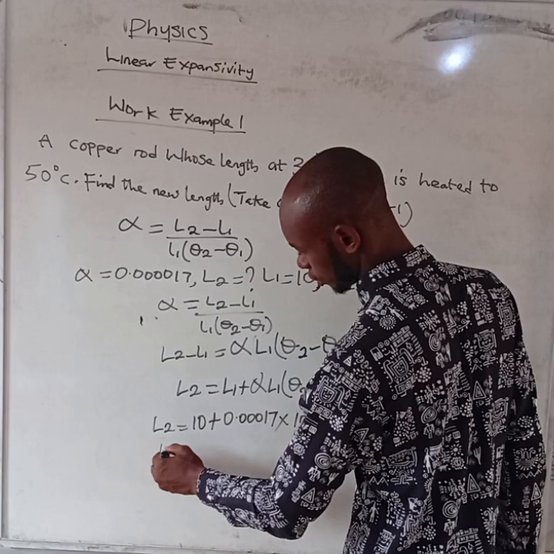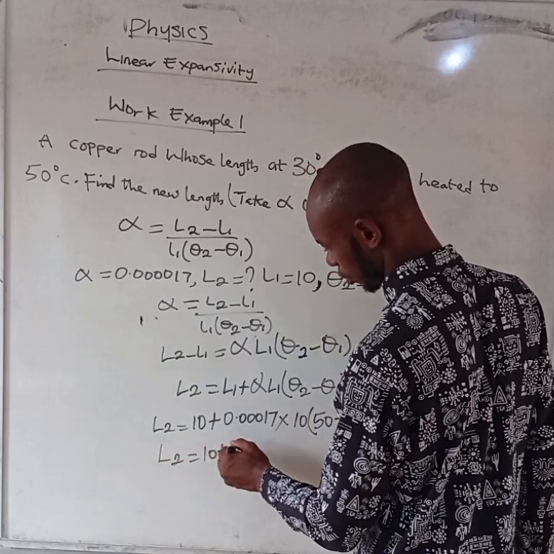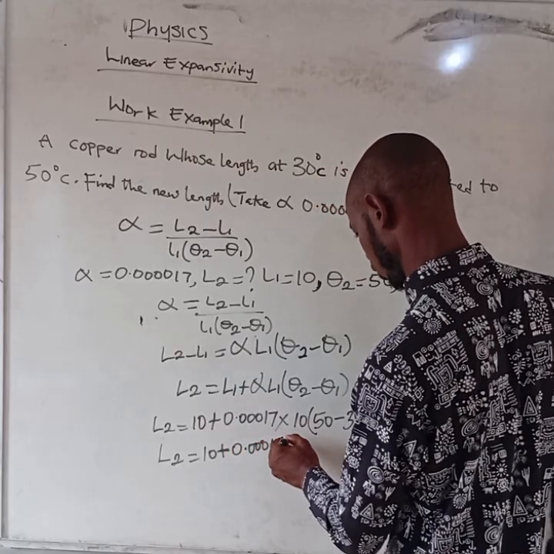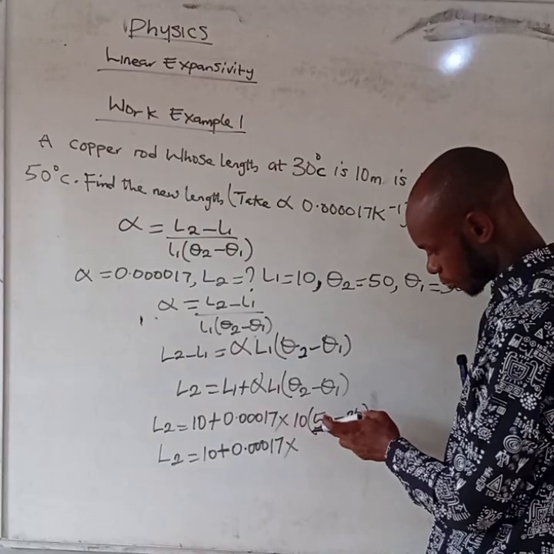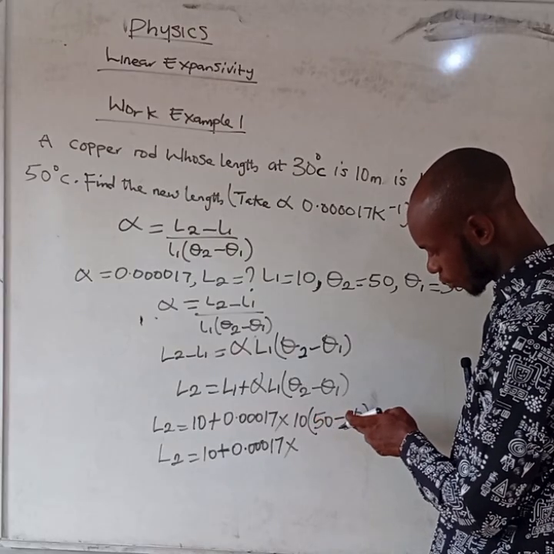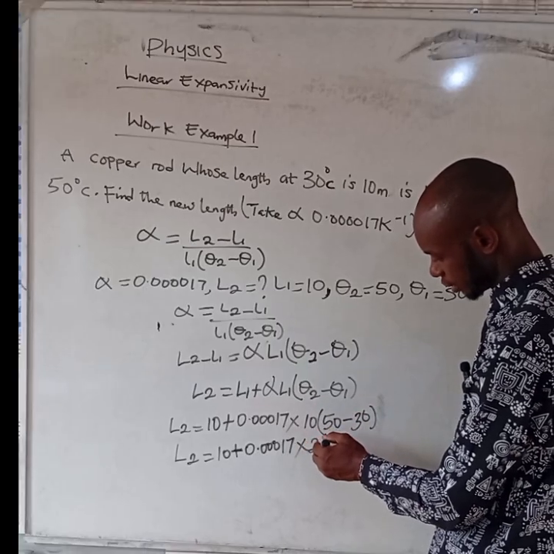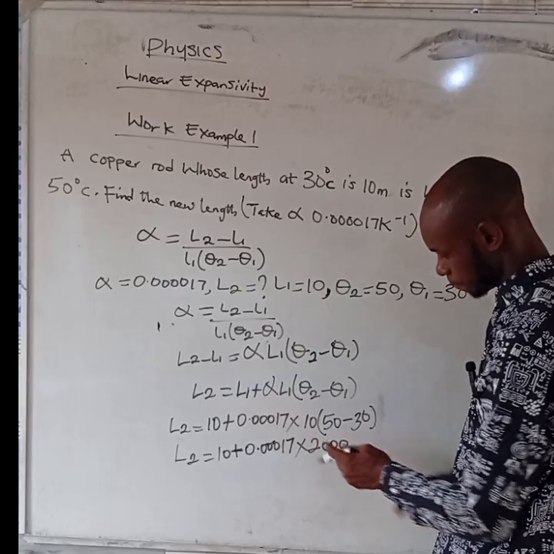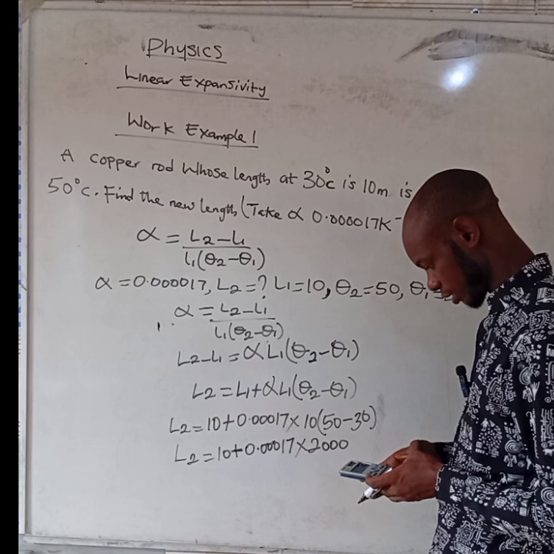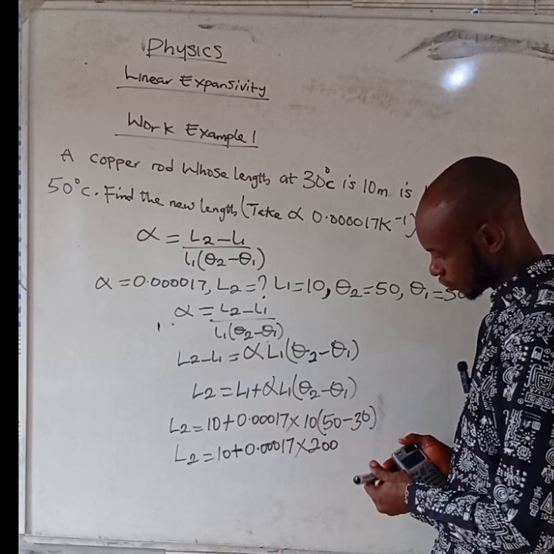If I subtract 30 from 50, I will have 20. 20 times 10 will give us 200.